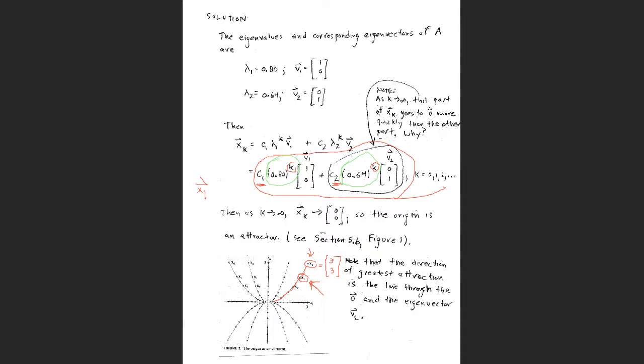How many remember in differential equations, to solve for an unknown constant, you need an initial value problem? How many remember that from calculus 2? Sure, Justin remembers it, Benjamin remembers it. If you have a differential equation and you solve it, you're going to get a general solution, and there's a parameter in there, or there could be multiple parameters.